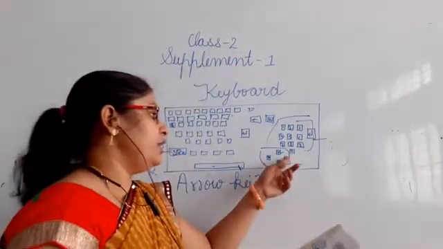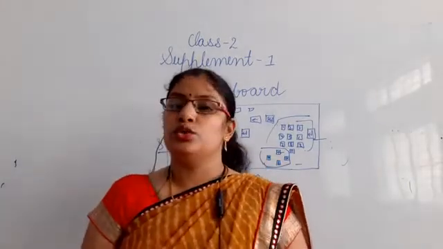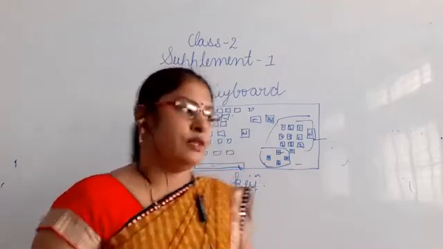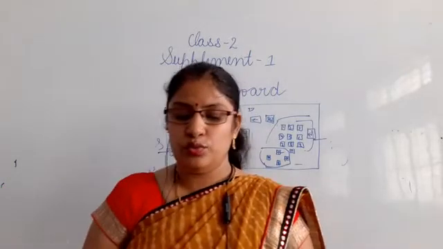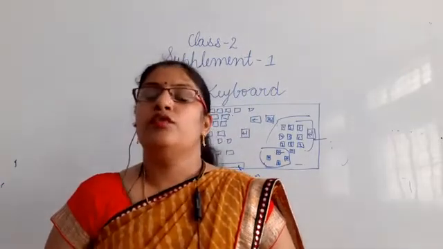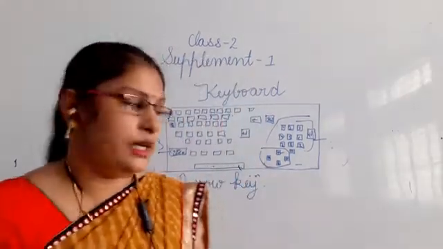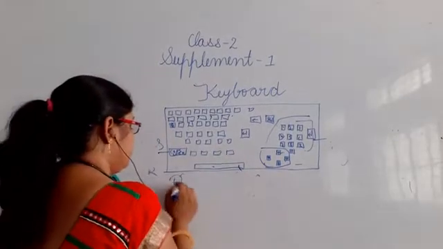The left arrow key is used to move the cursor one character to the left. The right arrow key is used to move the cursor one character to the right. Then next is backspace key.